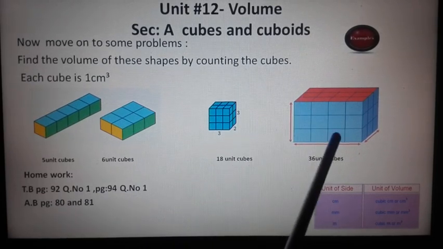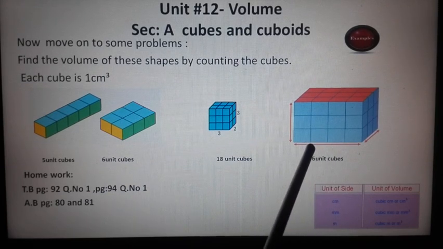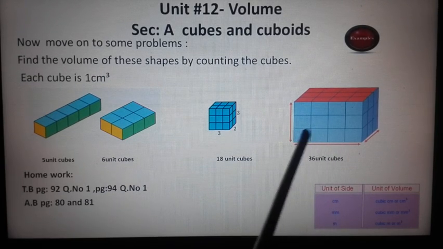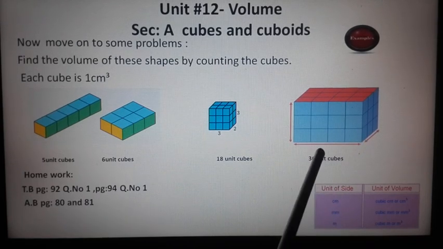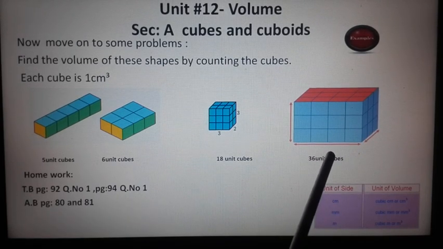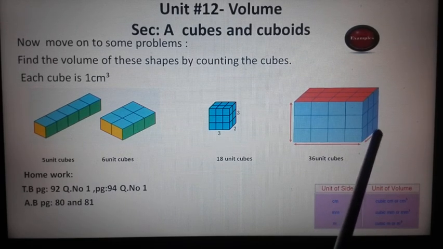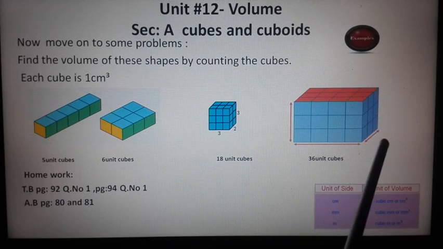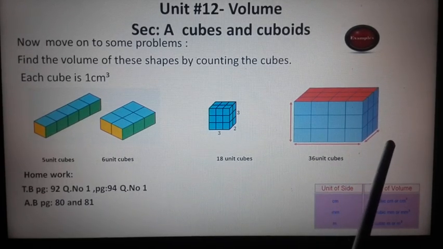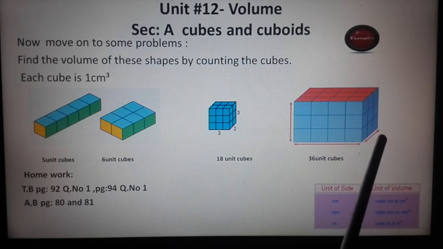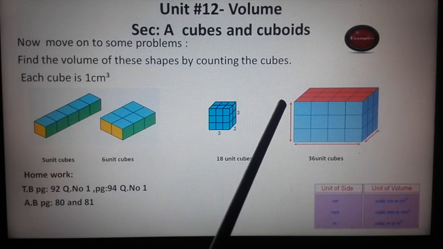Now just do this one. There is no number given there. It's your chance to count and write. 1, 2, 3, 4. So the length of this cuboid is 4. What is the breadth of this one? 1, 2, 3. So write 3 here. Now we have to find the height of this cuboid: 1, 2, 3.